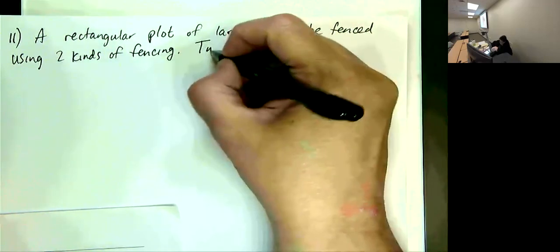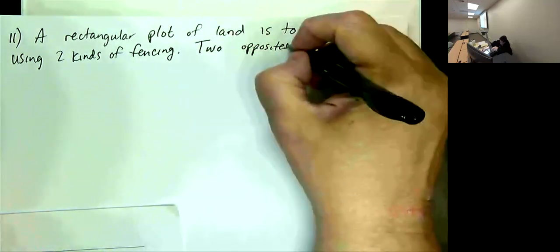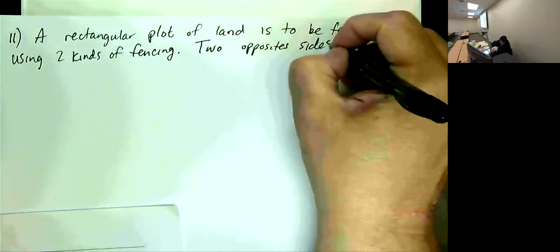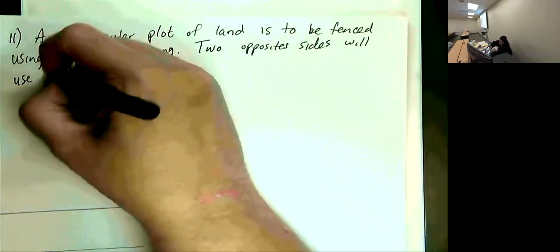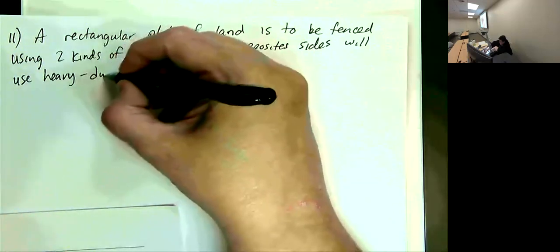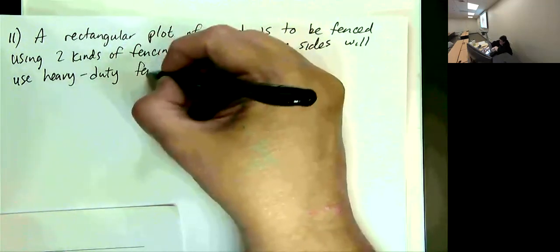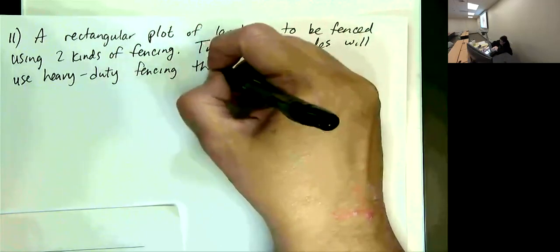Two opposite sides will use heavy duty fencing that sells for $3 a foot.